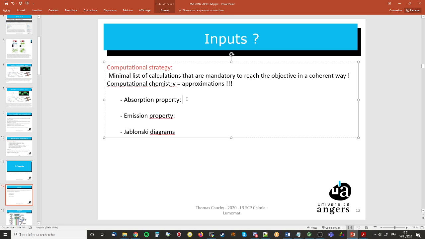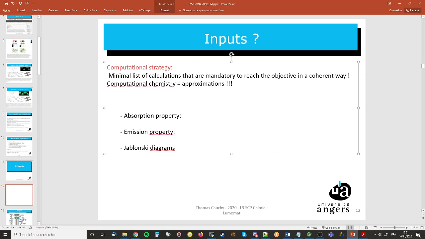So we have absorption properties, we have emission properties, and we have a Jablonski diagram if we want. And yes, you are correct. So we need a coherent way. That means a coherent approach usually means the same approximation all along. When you choose an approximation, it's better if you use the same approximation all along. For absorption properties, you need ground state plus excited state vertical energies.